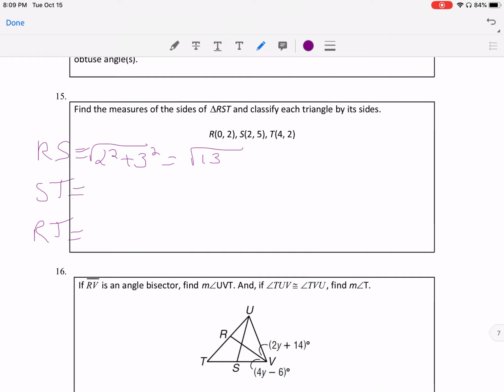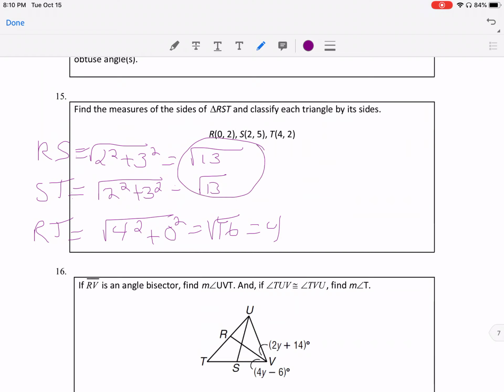S to T, from 2 to 4 is 2 squared, plus from 5 to 2 is 3 squared. That's going to be another square root of 13. And R to T is going to be 4 squared, plus from 2 to 2 is 0 squared. So that's actually just going to be the square root of 16, which is just 4. What you notice is you have two sides the same, so this is going to be isosceles.